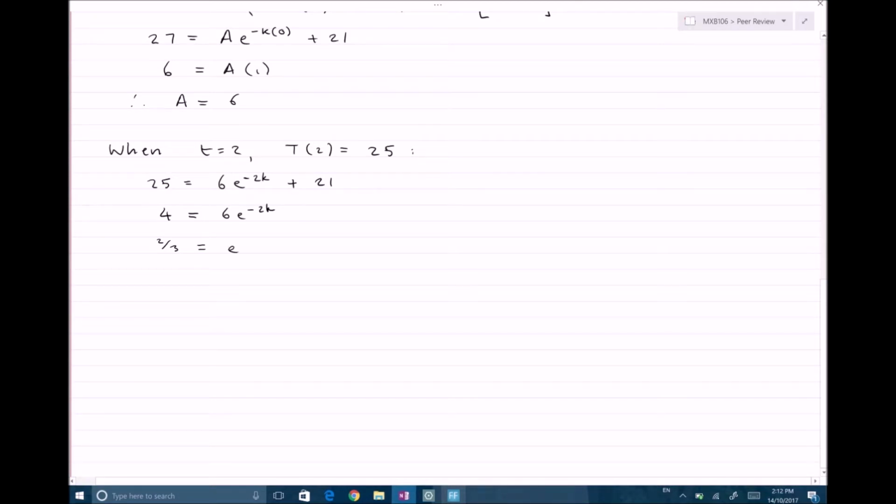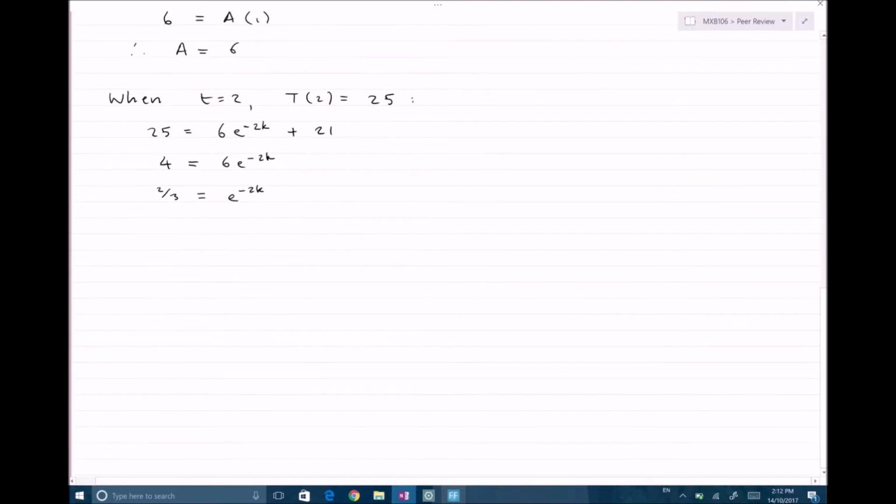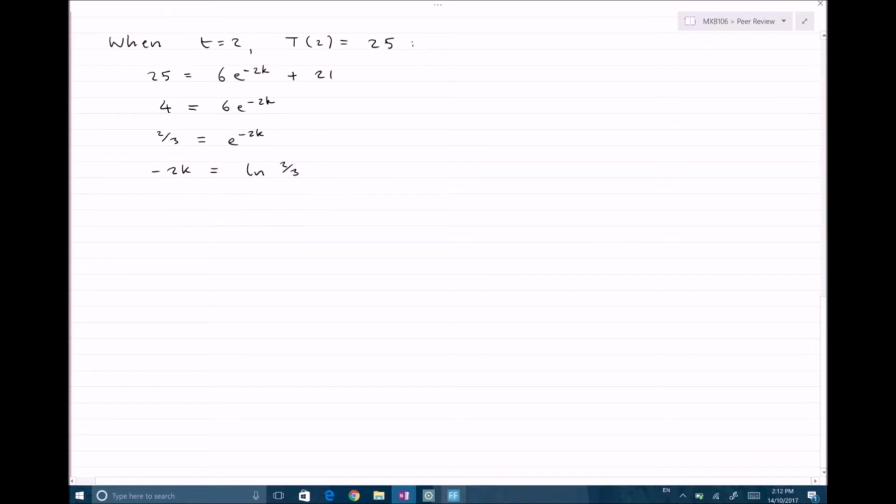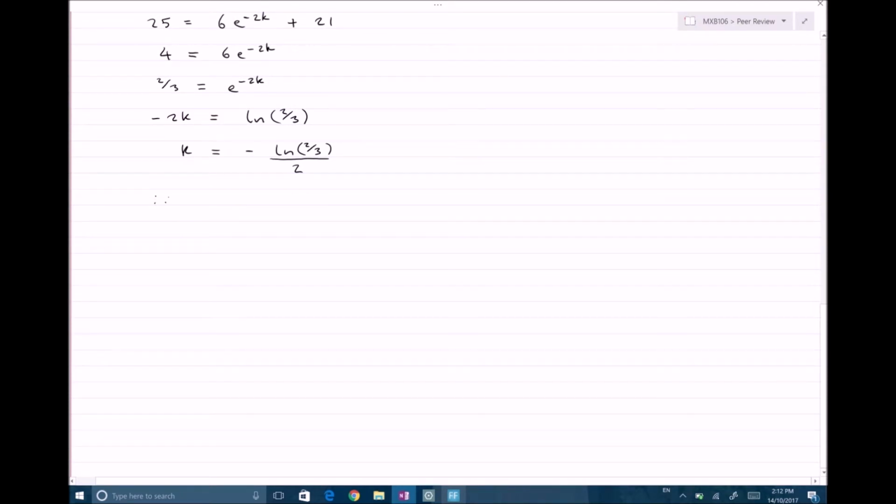is equal to e to the power of negative 2k. Using our log laws, negative 2k is going to equal the log of 2/3. Therefore k is going to equal negative log of 2/3 divided by 2. We'll use a decimal there, so k is approximately 0.2027.